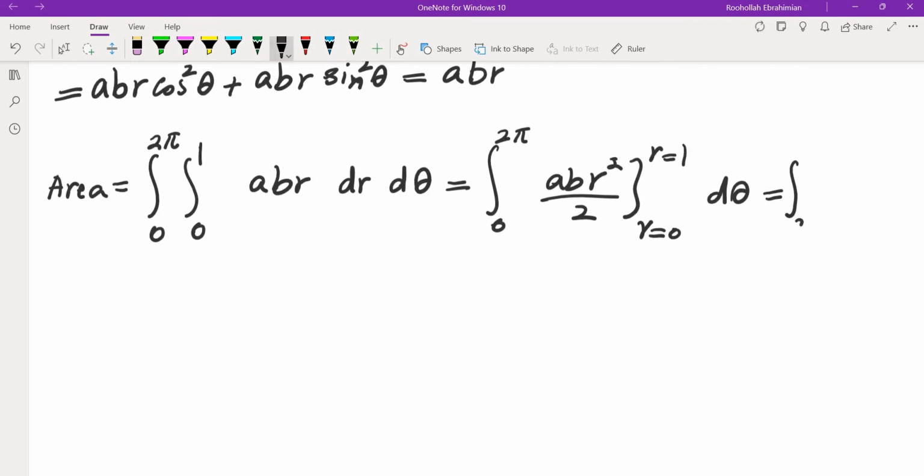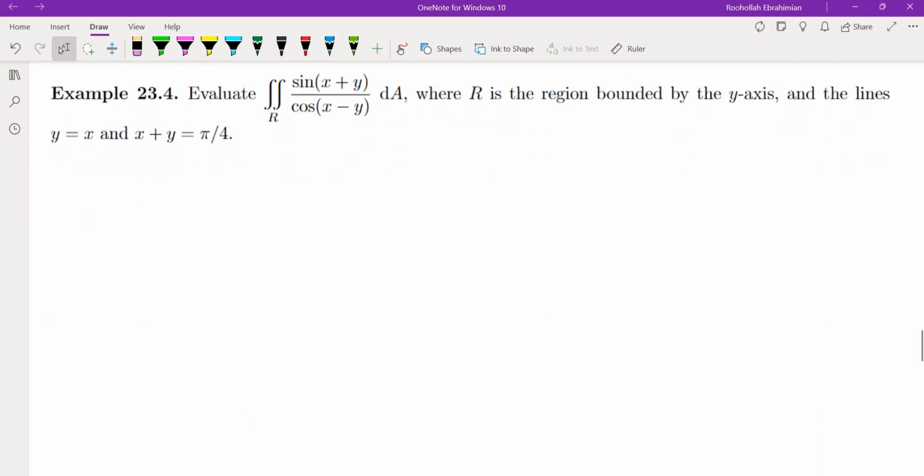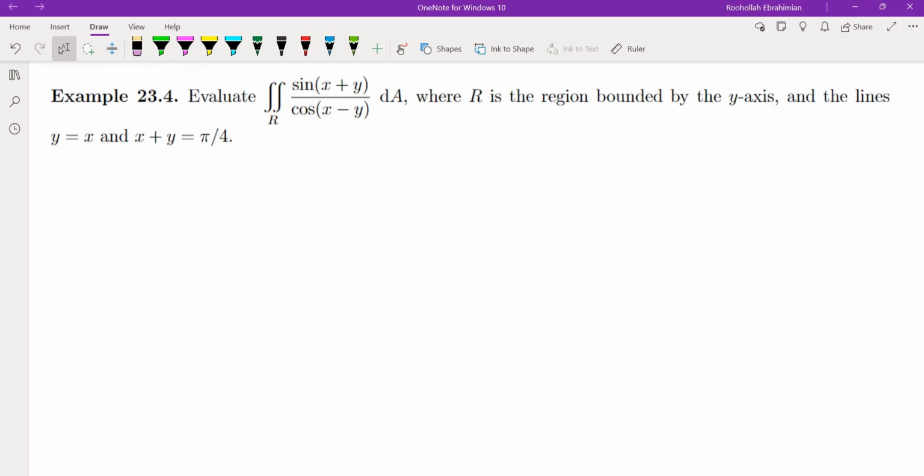So this would be an integral from 0 to 2 pi. And then when you plug in 1, we get a b over 2 d theta, because at r equals 0 we get 0, and this is going to be a b pi, which is in fact the area of an ellipse. I will do one last example and then we summarize what we did today.